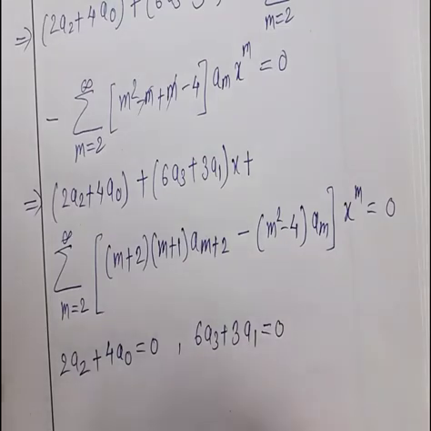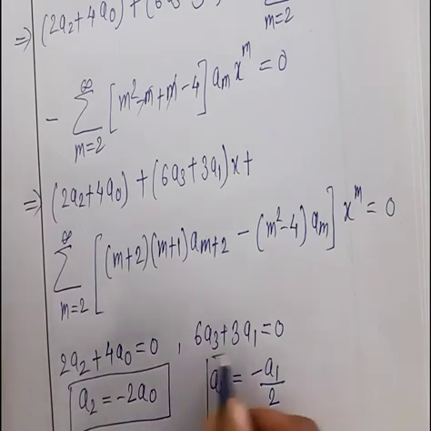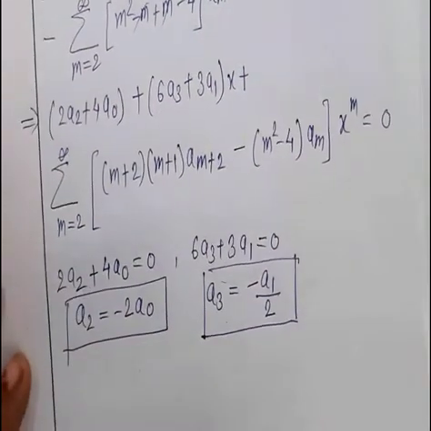So a2 is equal to minus of 2 times a0, and 6a3 plus 3a1 is equal to 0 means a3 is equal to minus of a1 by 2. So these are the values of a2, which is in terms of a0, and a3, which is in terms of a1.